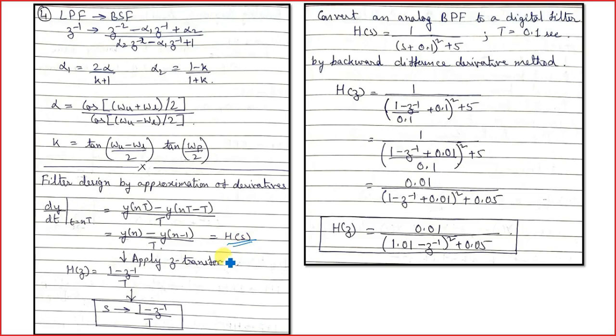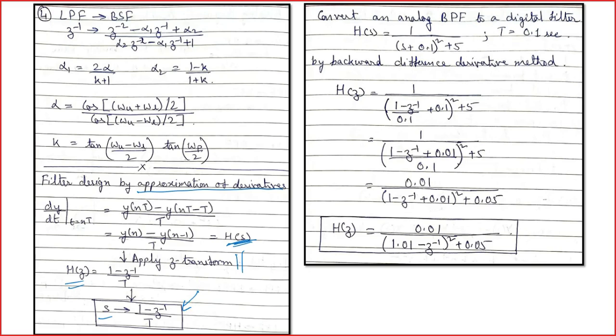Now if I apply the Z transform over here, then Hz equals 1 minus Z inverse divided by T. So if we compare Hz and Hs, S is replaced with 1 minus Z inverse divided by T to design a filter by approximation of derivatives. And this is true only for the backward difference method.